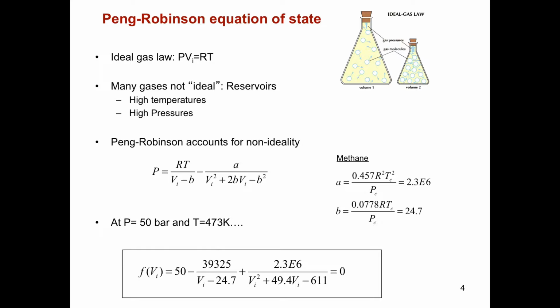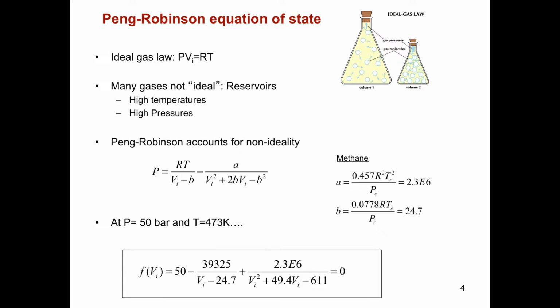So if I put that my pressure is 50 bars and my temperature is 473 Kelvin, in this particular case I am looking for f of v, that is P minus this entire relationship, equal to 0. So I'm fitting it into this f of something is equal to 0. And this time I'm looking for a volume.